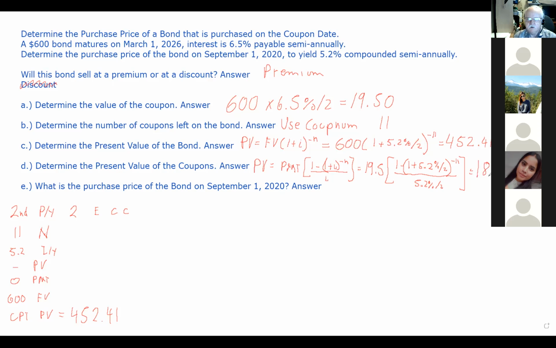184.49. Now, weirdly enough, over here where we did this calculation, we put in 0 for payment.